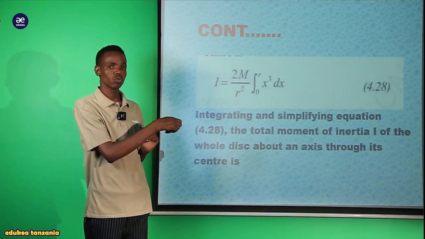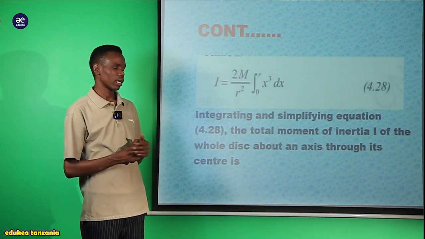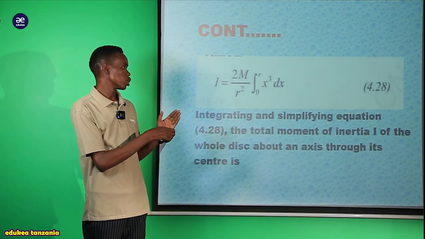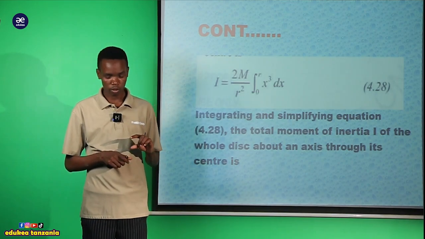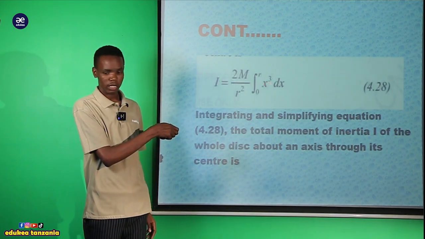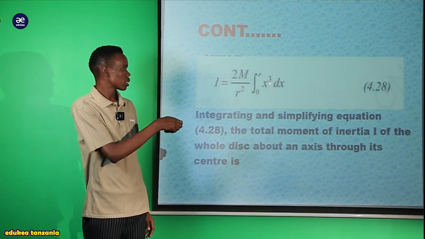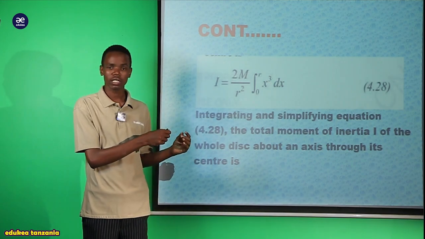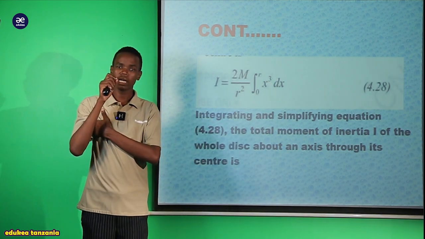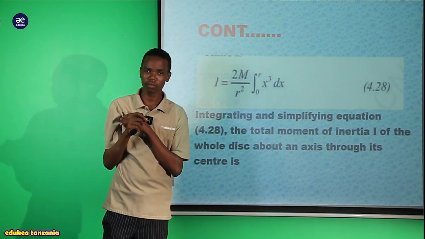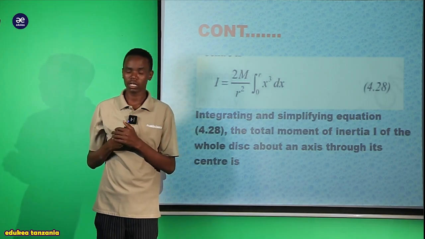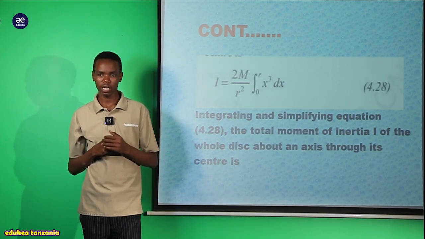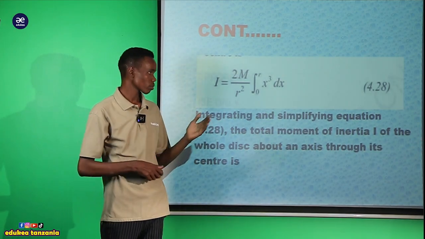Kumsubstitute alafu kwa sababu 2m pamoja na r square the same, we should integrate from 0 up to r ambayo ni x power 3 here. Kwa ukisha integrate hapa, tunajua kwenye kuintegrate kabisa kwamba we should add 1 to the exponent and divide by the exponent that we obtained after adding 1.